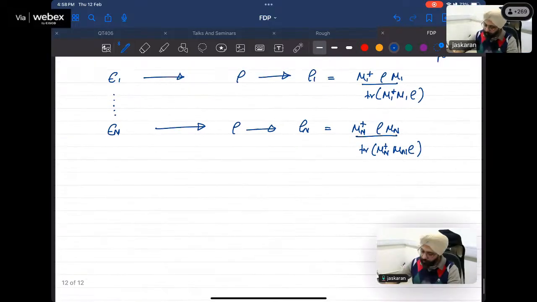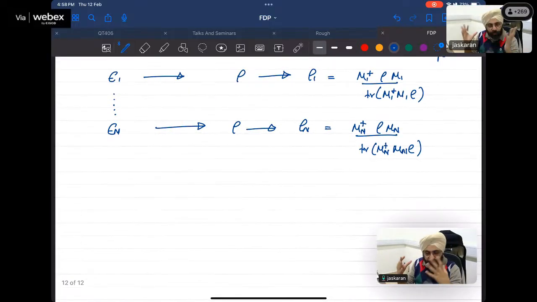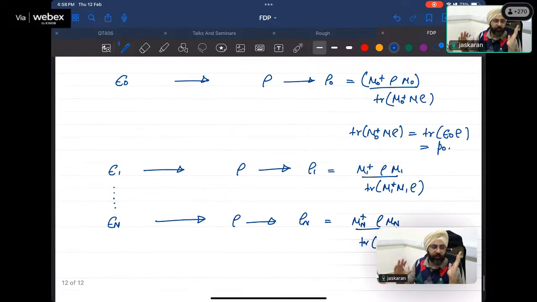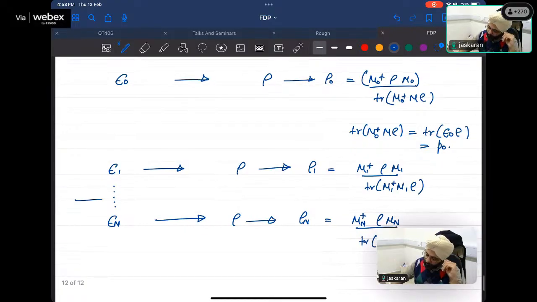Now, let's say you know which outcome clicked, then you can just use the state update rules as given here. Say the Ei outcome clicked, then you just evaluate rho i via the same rule. But let's say you are using some measurement and noting down the outcomes in your register, but somehow you lose the register.